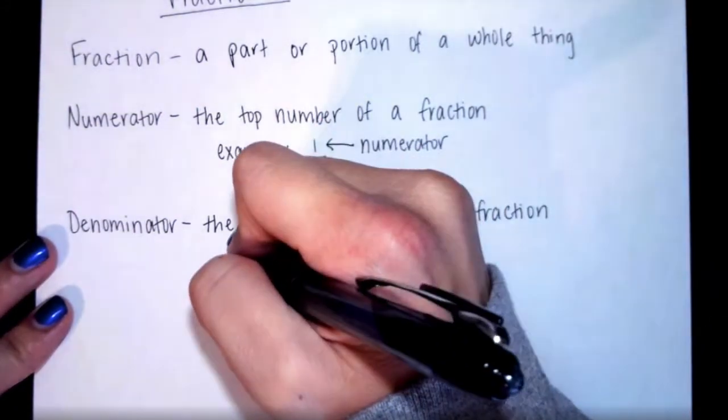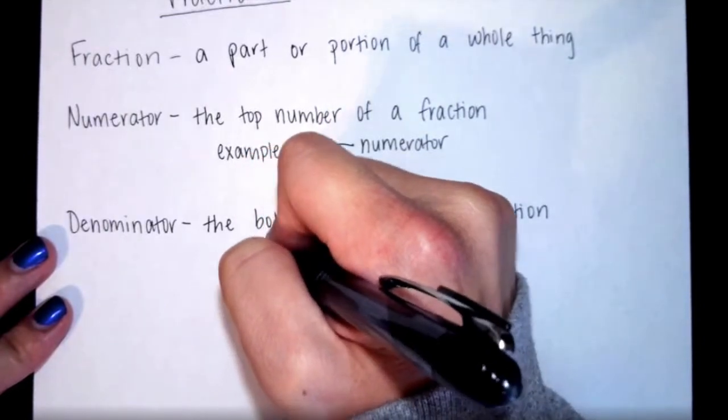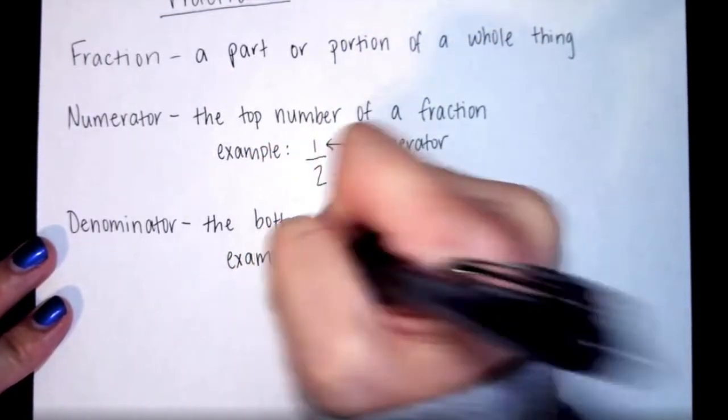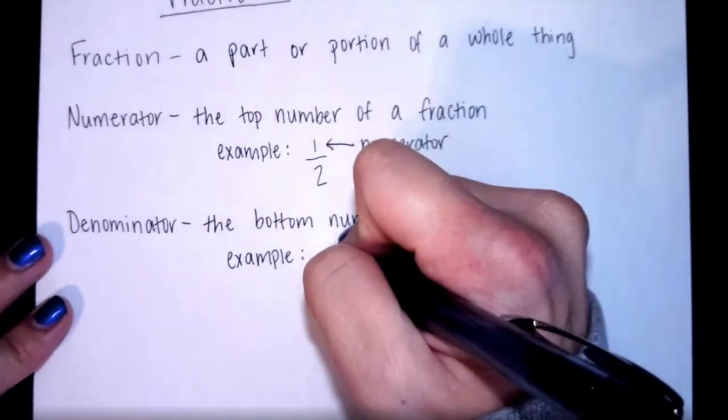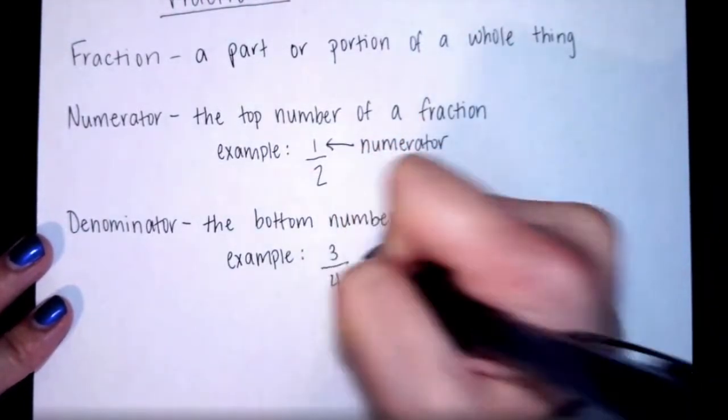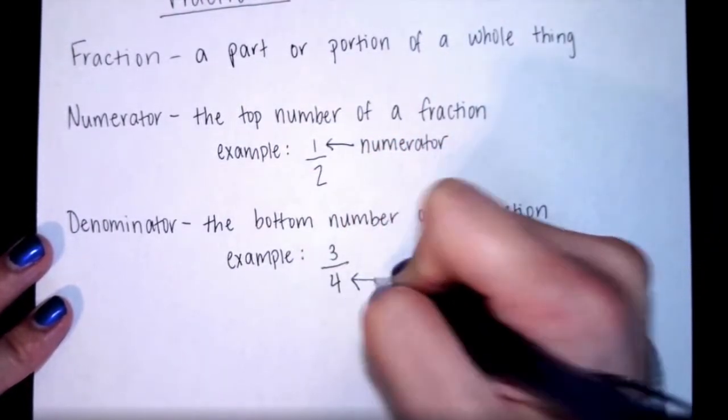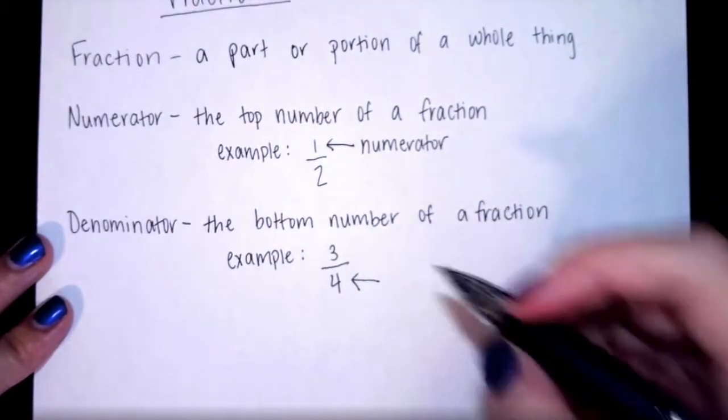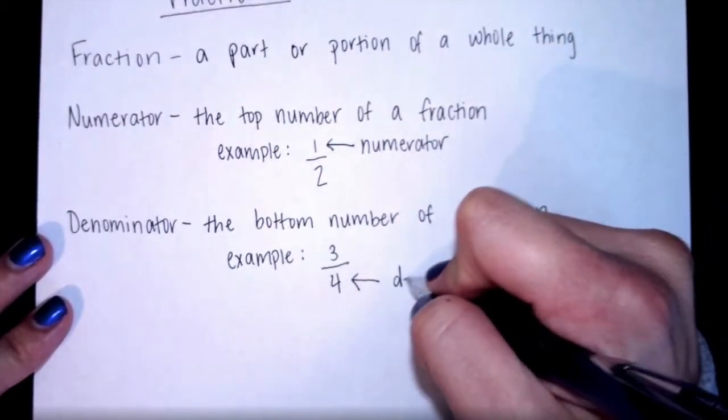Okay, so an example, let's use a different fraction. Let's use the fraction 3/4. So this 4, that's our bottom number, so this would be the denominator.